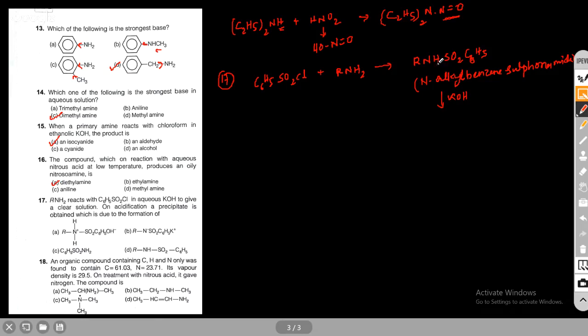Again this hydrogen on nitrogen and this OH form H2O, and we get a salt over here. The structure is RN minus SO2C6H5, K plus. So the answer will be option B, right?